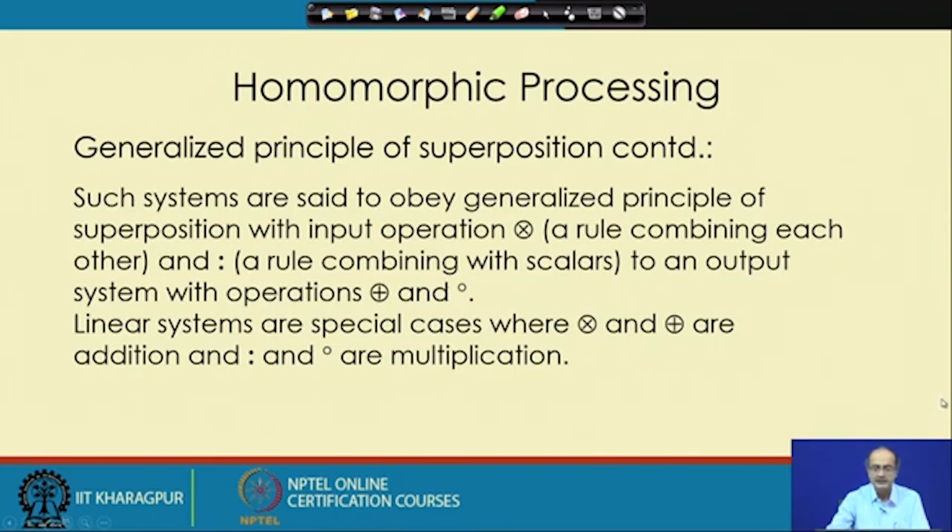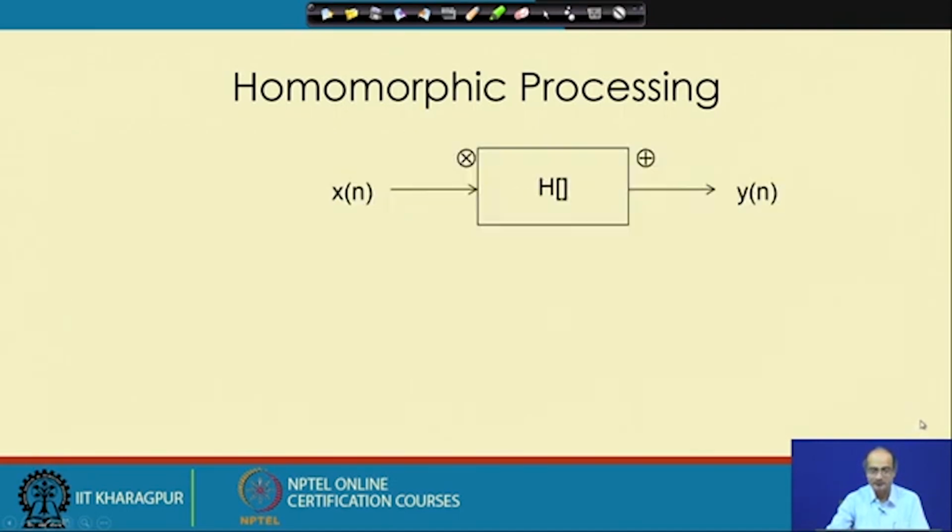And linear systems are nothing but a very special case of this generalized system, a generalized linear system we can say. What we have done so far is a very special case of a generalized linear system, and now we are going to expand it for the generalized linear system.